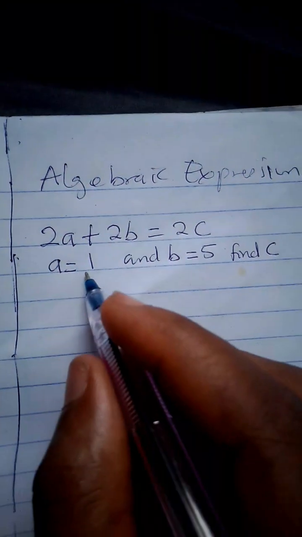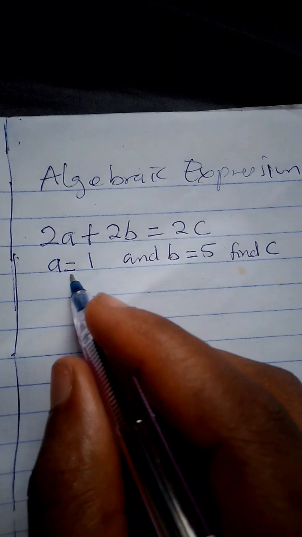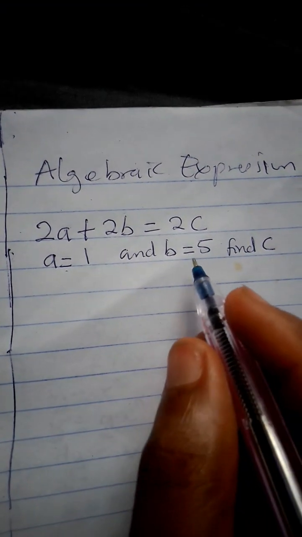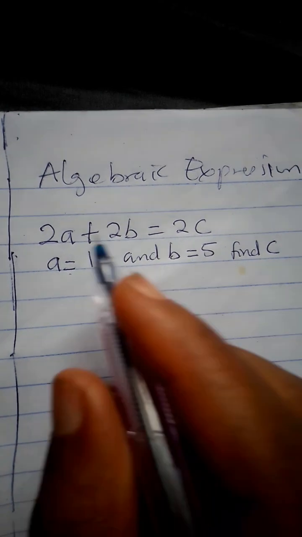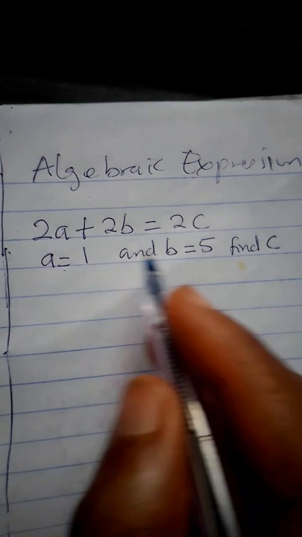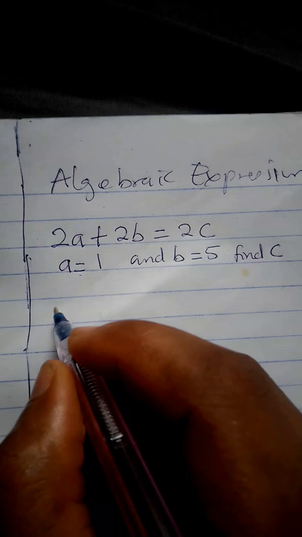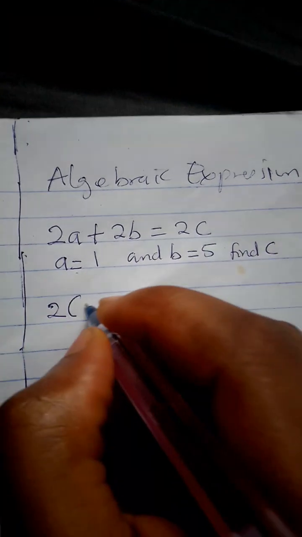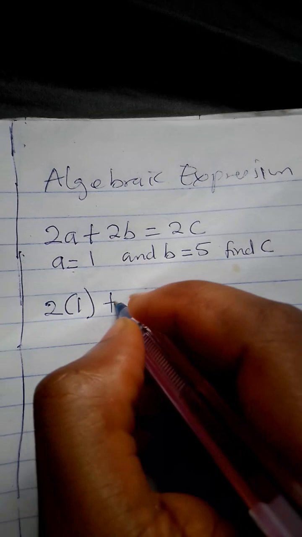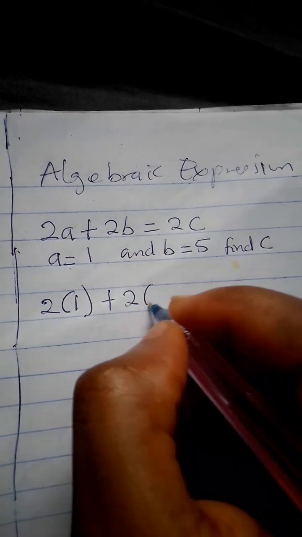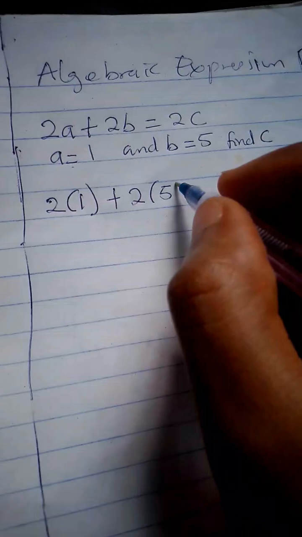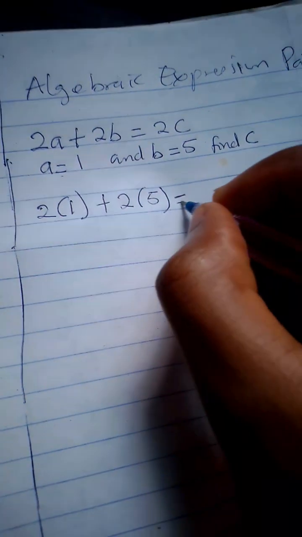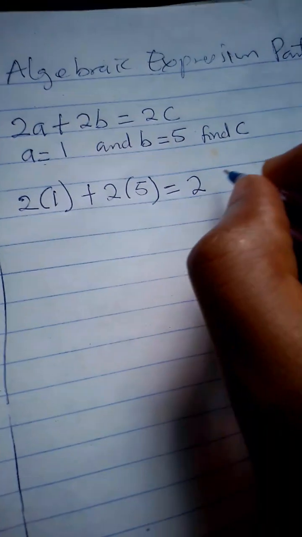We're going to substitute the value for the variable A and the value for the variable B that is given, and put them into our equation, in their right places. So first of all, we have 2(1) plus 2(5) is equal to 2C.